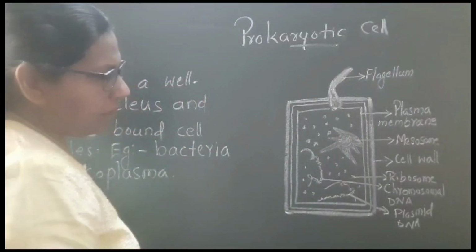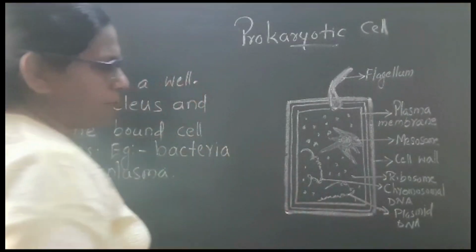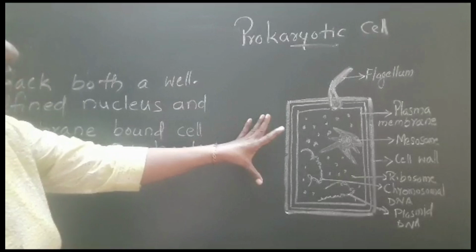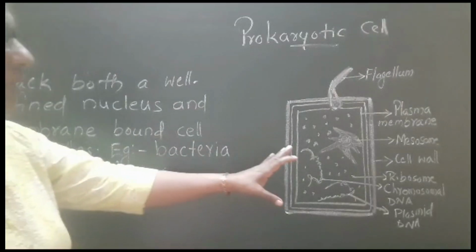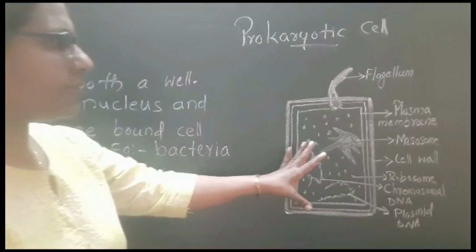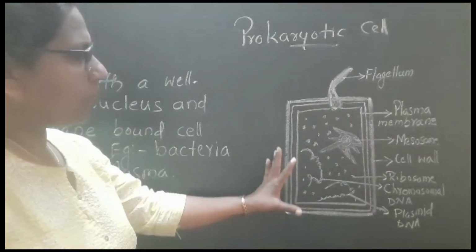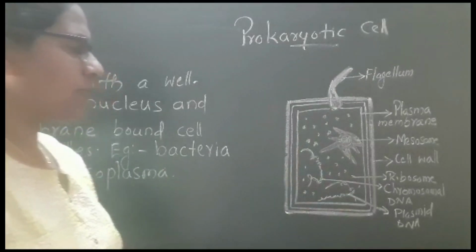And then plasmid DNA. So this is how a prokaryotic cell looks. In this, there is no nucleus, there are no membrane-bound cell organelles. These are the prokaryotic cell parts.